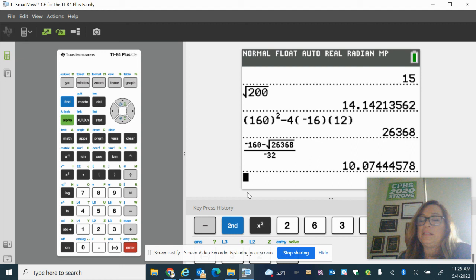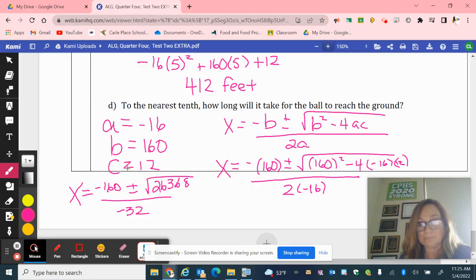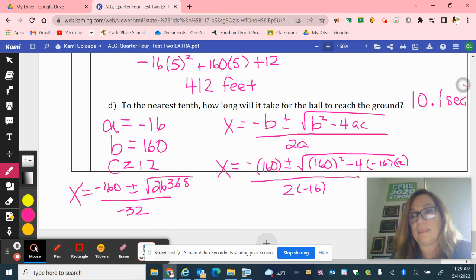So that's 10.07444578, and it says round to the nearest tenth, so I'm going to say 10.1. There is a negative answer, but it wouldn't make sense because it's time. Okay, happy studying.